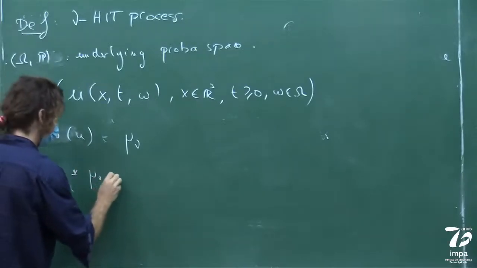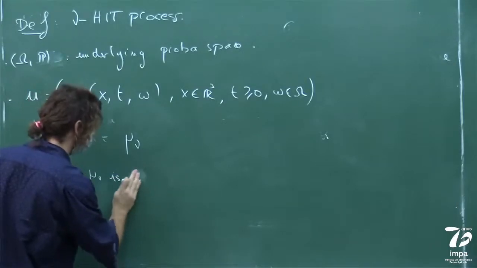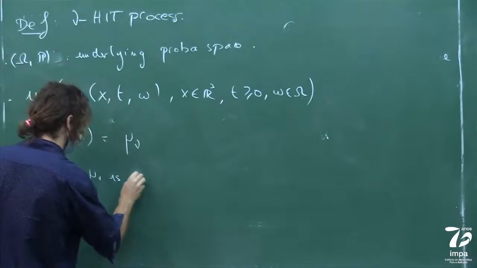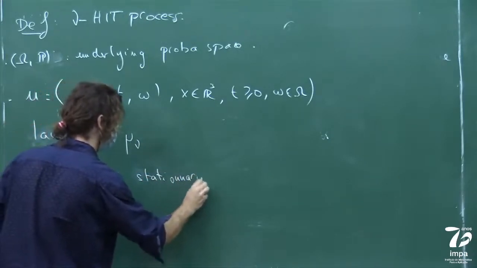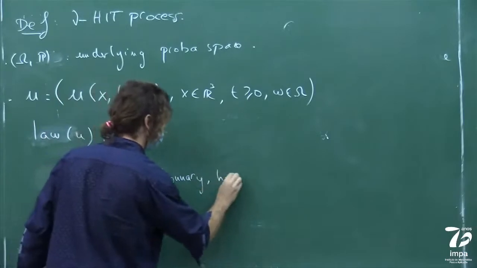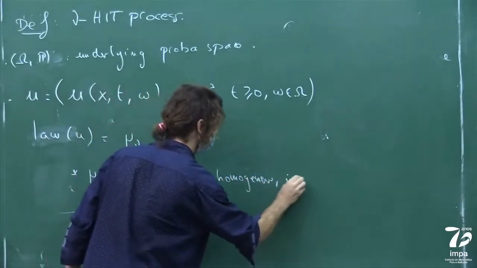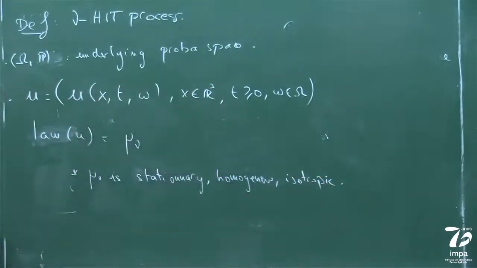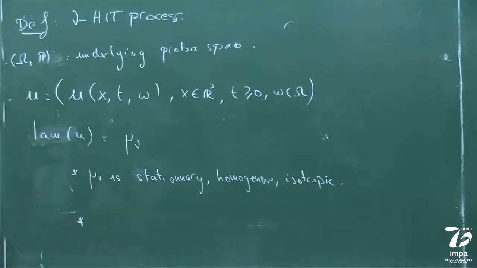Mu nu is statistically stationary, homogeneous and isotropic. It is sufficiently ergodic.